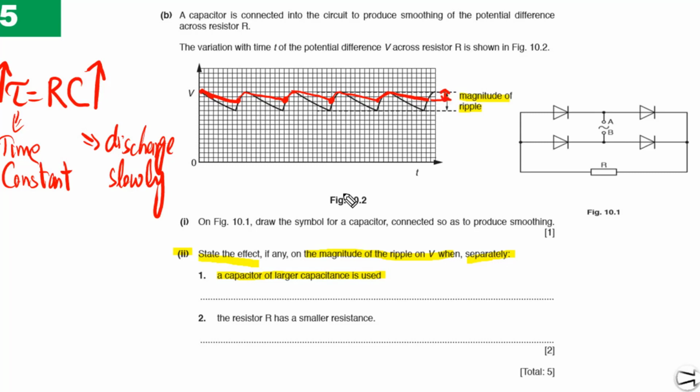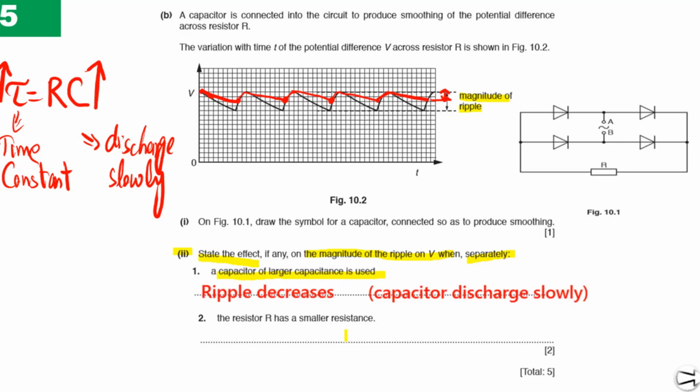This is our final answer. Simply write that ripples decrease. You do not need to explain anything, but I have also written this explanation because the capacitor discharges slowly.